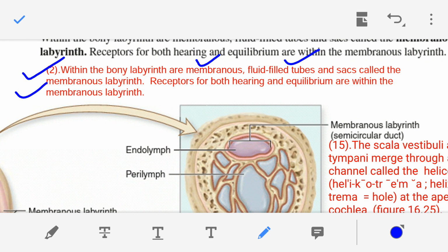So what is the membranous labyrinth? The membranous labyrinth is made up of a layer of cells, and inside this layer of cells a fluid is present, so it becomes a fluid filled tube. These fluid filled tubes are known as the membranous labyrinth.